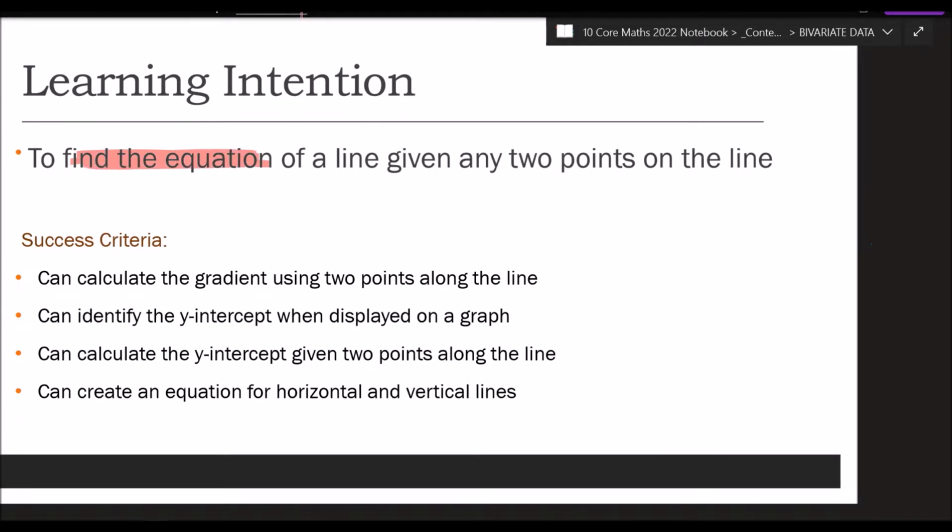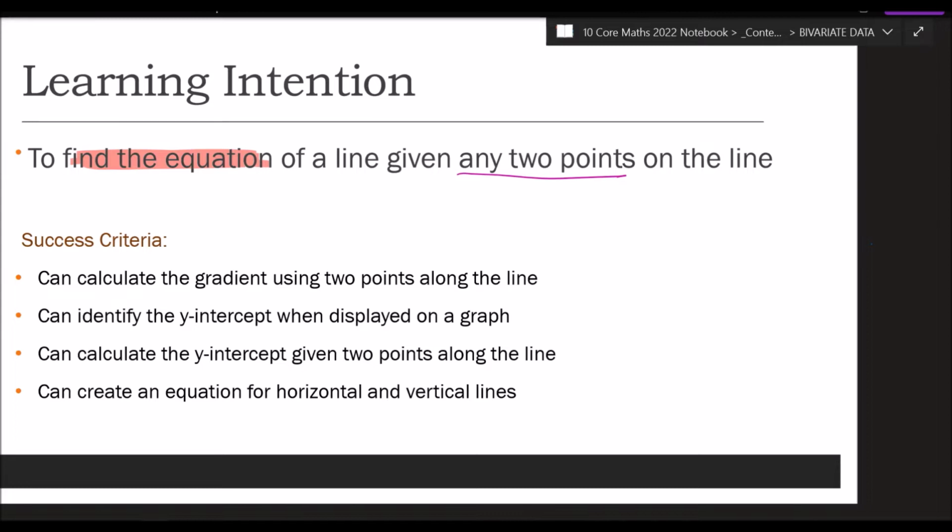Every line that you work with is going to have some sort of equation that you need to find, and you can do that by using any 2 points. Remember, when we draw our lines on a graph, you only need 2 points. It's the same principle when finding an equation.